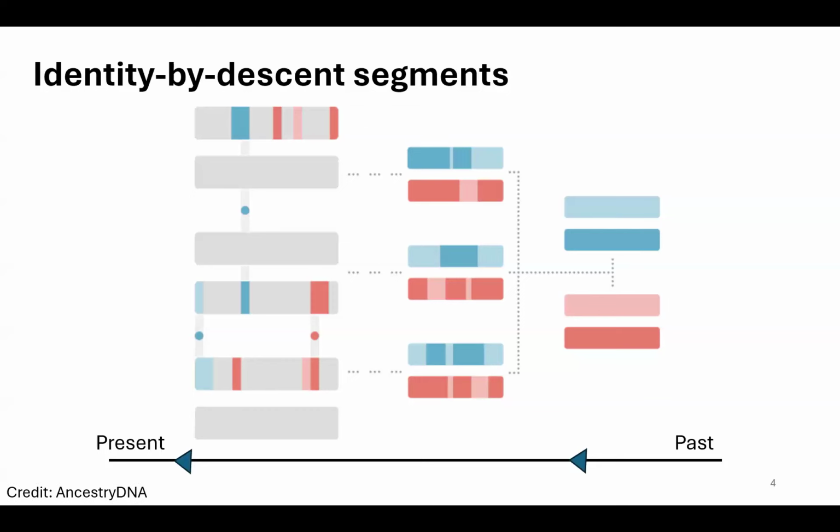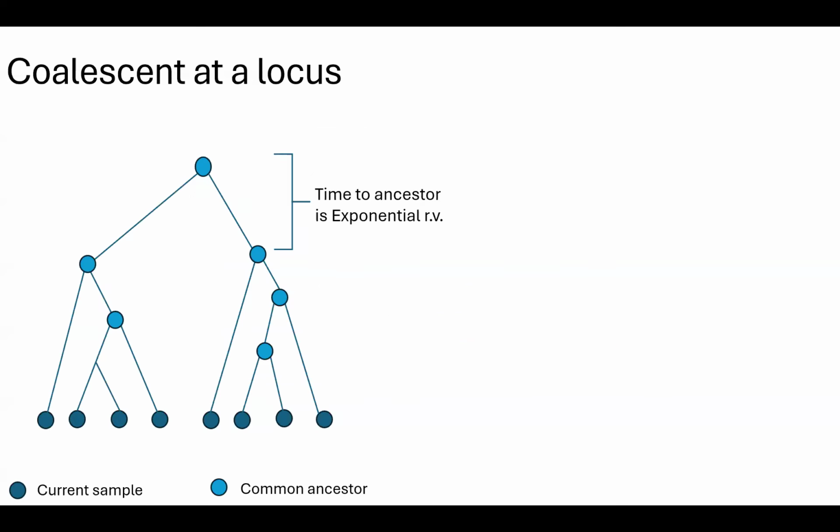Okay, and now I want to talk about a specific ancestral tree process at a locus on the genome and how that's related to identity by descent. So at the bottom of this tree, I have in dark blue the current samples, and then higher up on the tree, I have in light blue their common ancestors.